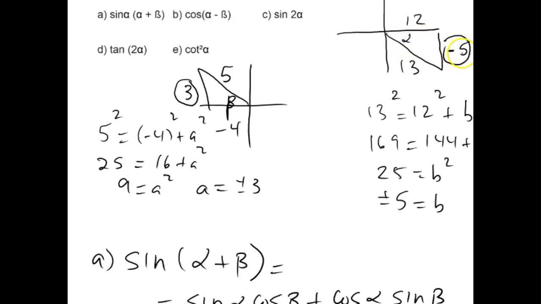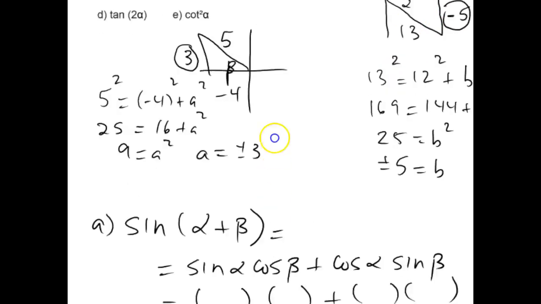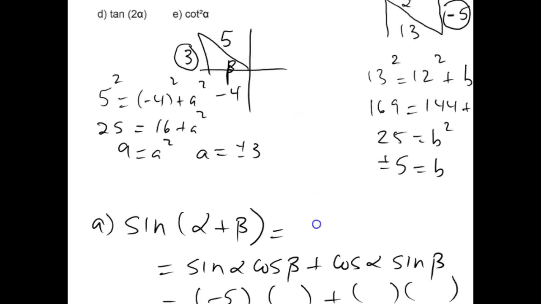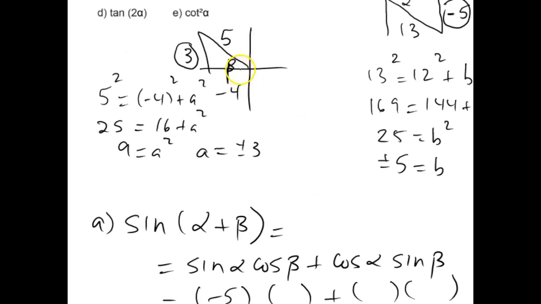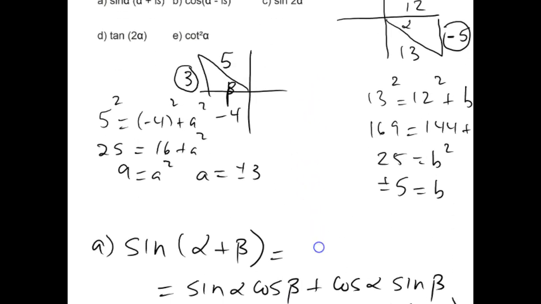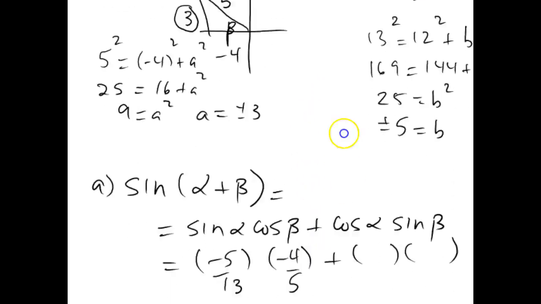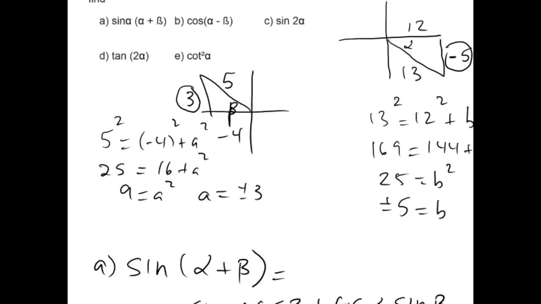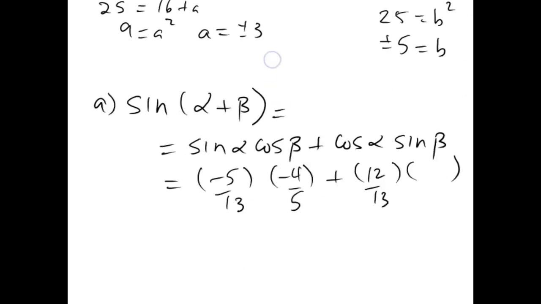Sine alpha is opposite over hypotenuse. So that's why I will put in -5 over 13. Beta, I go to my beta triangle. Cosine beta is adjacent over hypotenuse. -4 over 5. Cosine alpha is 12 over 13. Sine beta would be opposite over hypotenuse.